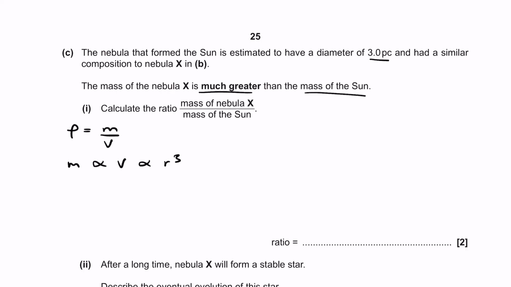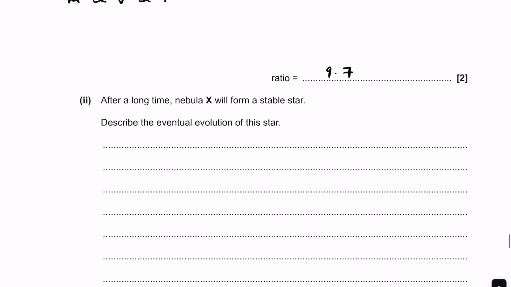So the diameter of nebula X was 6.4 parsec, and you simply have to cube it, divided by the diameter of the Sun's nebula, which is 3 cubed, and that ends up giving us 9.7 as the ratio. So let's check out the next question now.